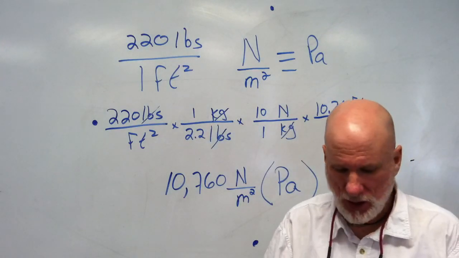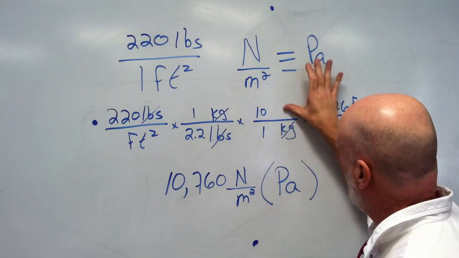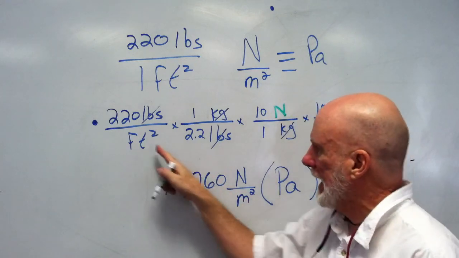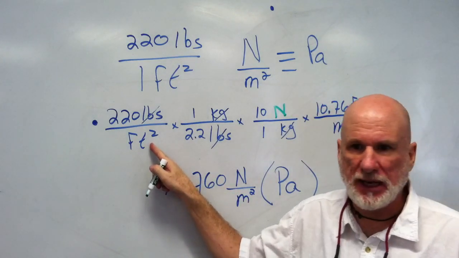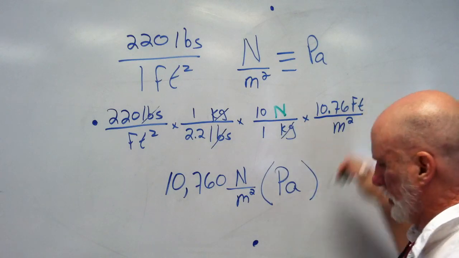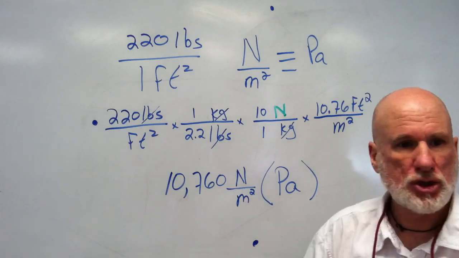Correct? So let us put that N, we'll make that a different color. So that's newtons. Okay? Now, I get rid of the square feet and I go to square meters.